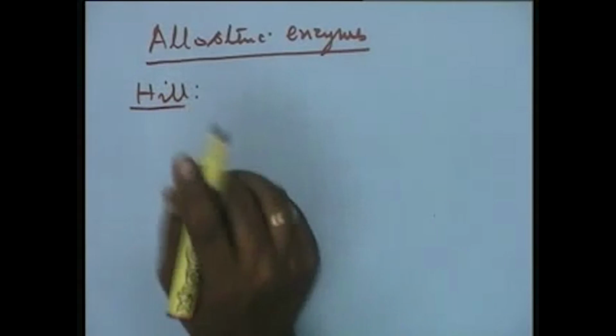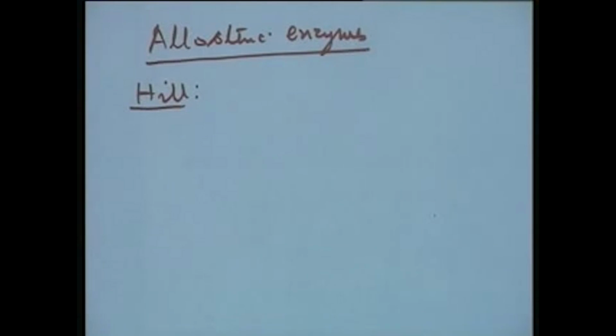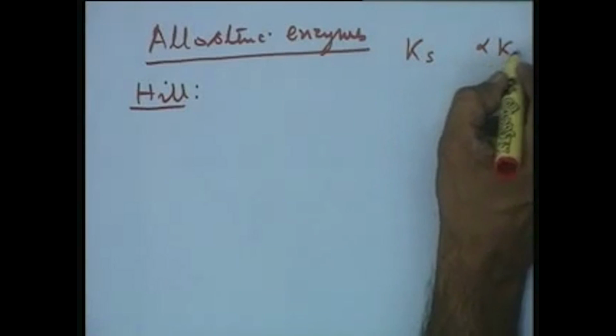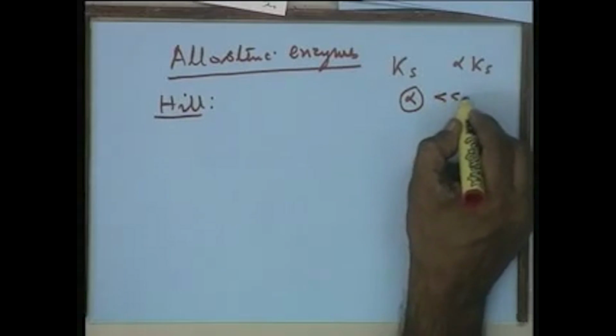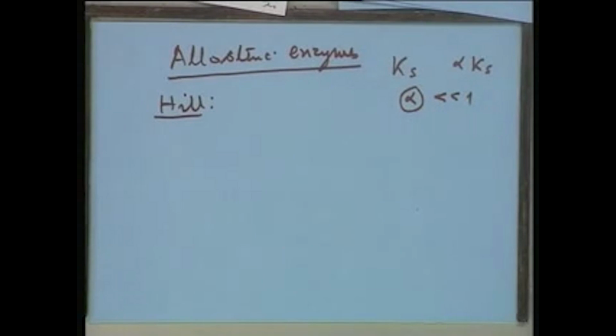One of the basic assumptions which he has made is that these interaction factors, what I mentioned earlier, your Ks and alpha Ks, the ratio alpha is very, very small than 1. That means the cooperativity is very high.